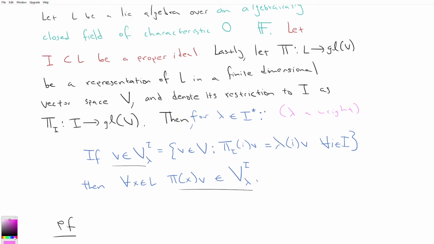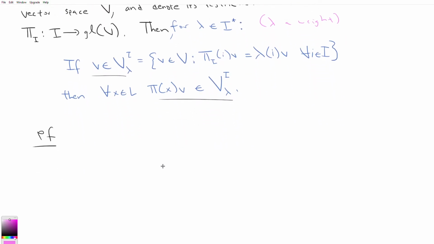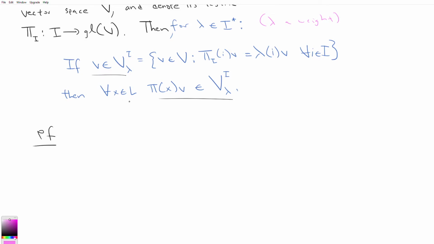Pretty cool result. And so the way we're going to prove this is actually not too bad. And we're going to start by reframing what we want to show. So if we want to show that if v is an element of V sub lambda of I, then pi of x v is an element of V sub lambda of I, the easiest way to do this is to reframe the problem in terms of an equation.